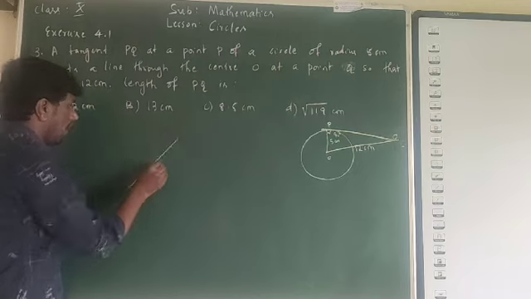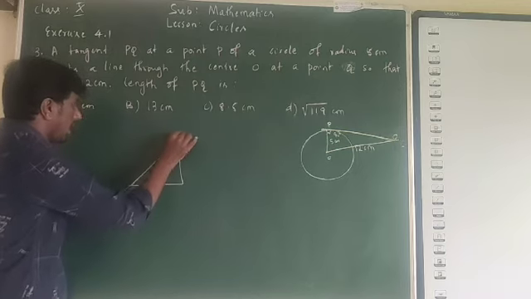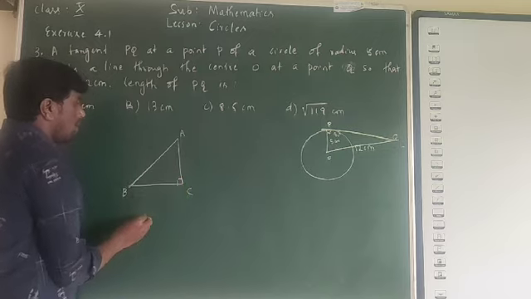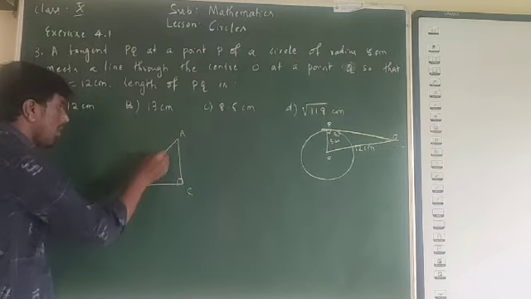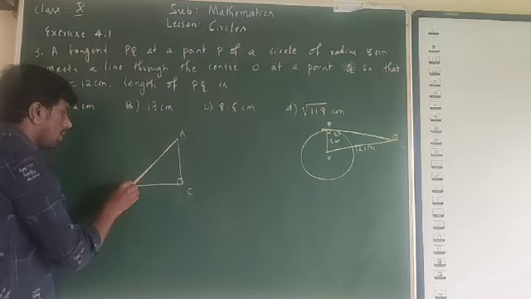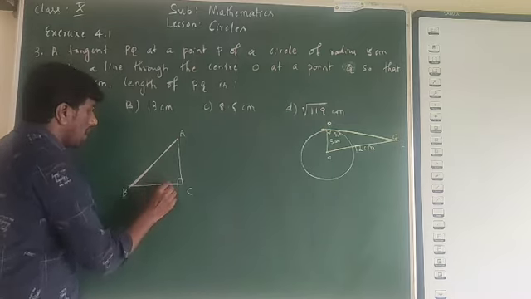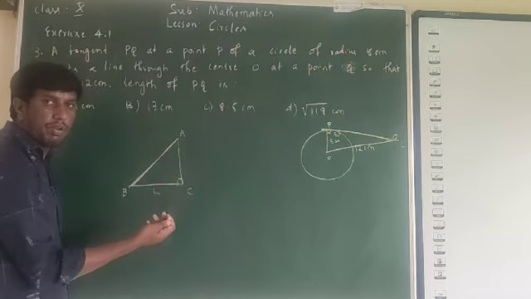Suppose I take ABC as the right angle triangle, with the right angle at B. Which is the hypotenuse side? AB is the hypotenuse side. This is the base and AC is the perpendicular.